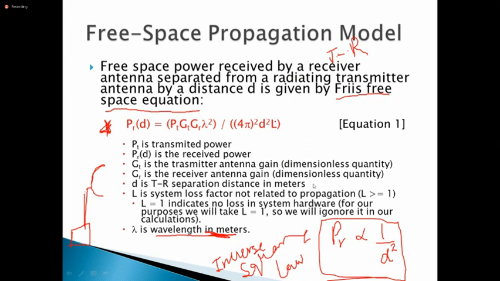TR separation එක විතරක් නෙමෙයි. loss එක බලපානවා. transmitted power එක බලපානවා. transmitter එකයි receiver එකේ gains බලපානවා. සහ operating wavelength එකත් බලපානවා. ඒ ඔක්කොමත් එක්ක received power එක distance එකේ වර්ගයට ප්‍රතිලෝමව සමානුපාතික වෙන්නේ.